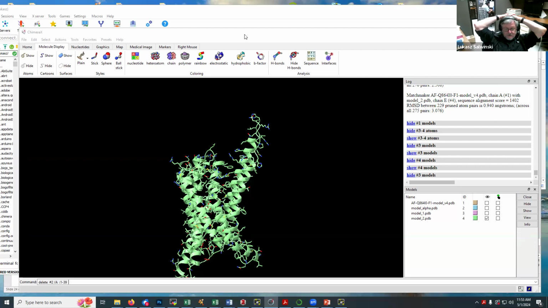It's always useful to compare different models and see which parts are consistently predicted the same way and which parts differ. If the same region shows up over and over again in a model in the same way, it's probably predicted correctly.